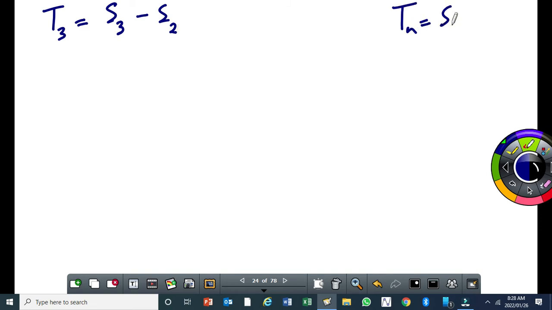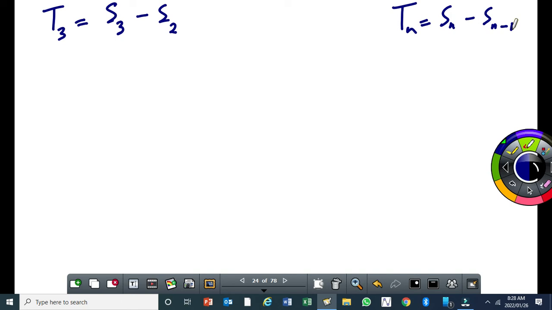Tn equal to Sn minus Sn minus 1. It's the same thing now. But here now we are putting numbers. Where there is n here, you put 3, you put 3 here. Where there is n, you put 3. Because we want to find what? T3. So where there is n there, you put 3, you put 3 there. So you end up having S3 minus what? S2.